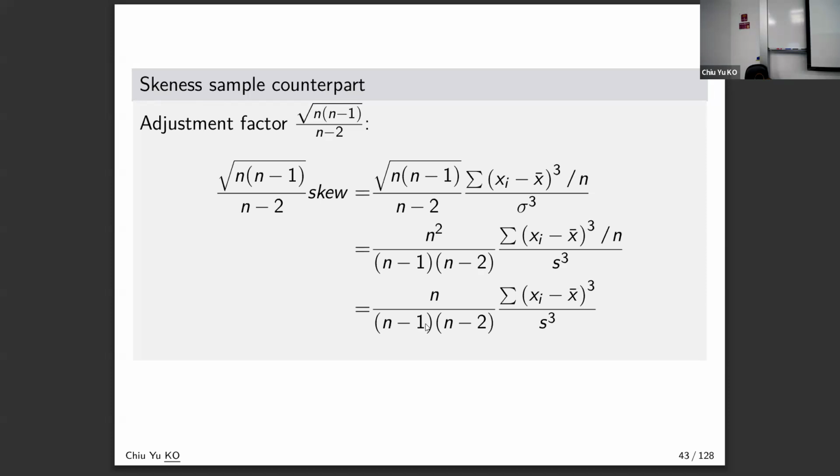This is the formula you will use. Of course, as it's a black box, I don't expect you to remember it. The reason I put this here is that Excel will calculate it for you if you use SKEW. I will illustrate by example how to calculate this, but this is also the number that comes from Excel, which we'll talk about on Wednesday, how to do the Excel calculation.